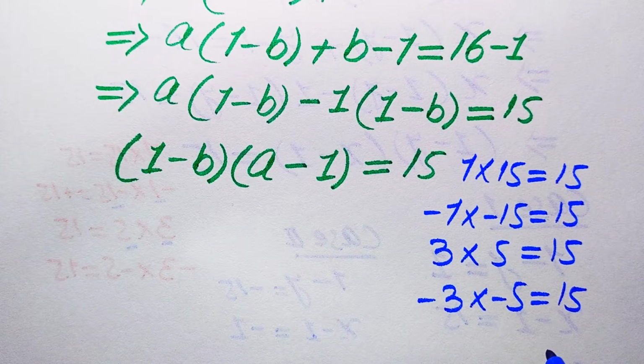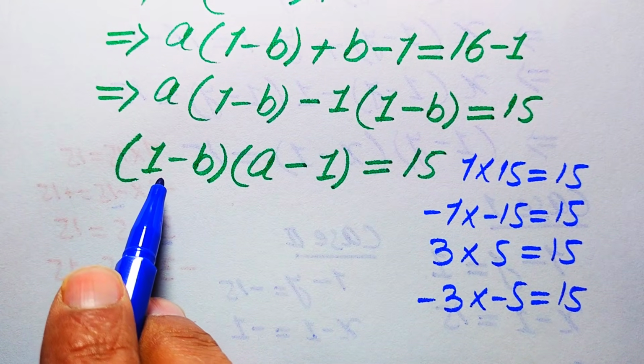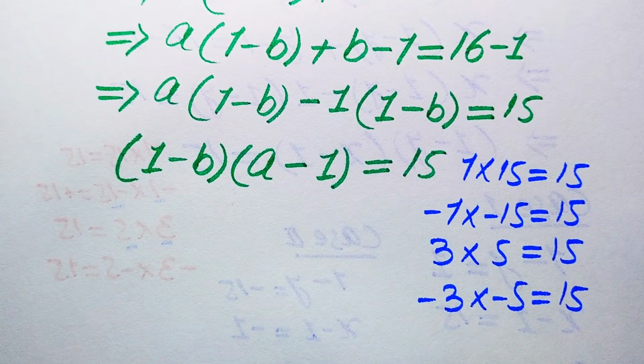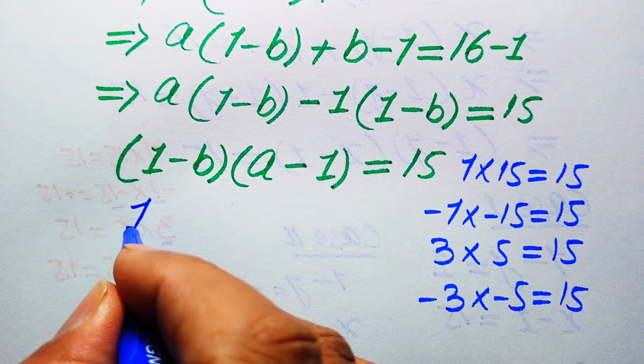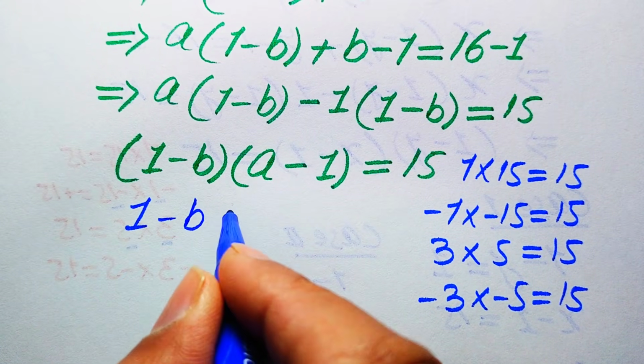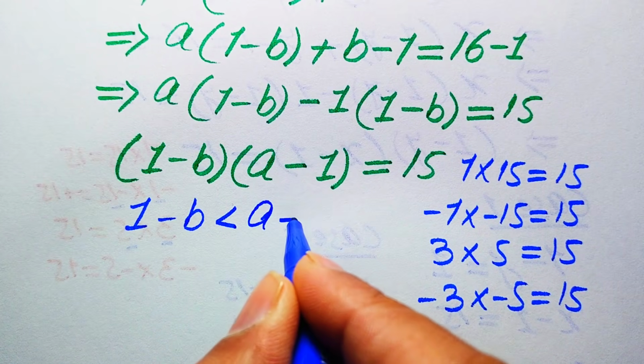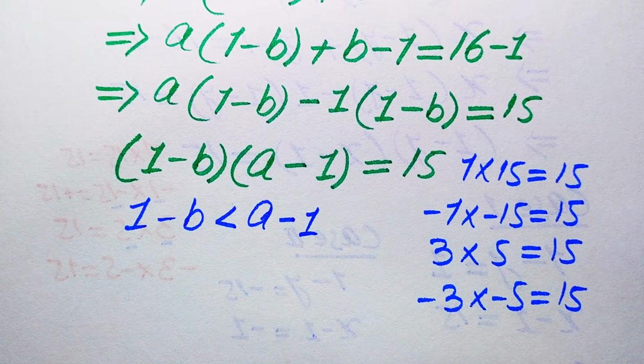So there are four possibilities, but you see if you compare both of these two factors, 1 minus b and a minus 1, it always holds that 1 minus b is less than a minus 1.